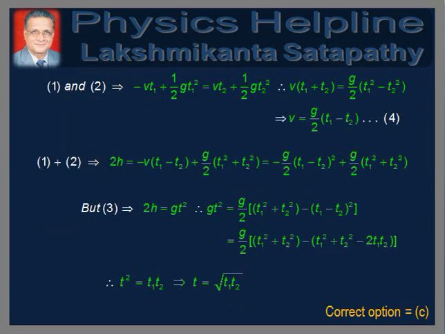From equations 1 and 2, we get minus vt1 plus half g t1 square is equal to vt2 plus half g t2 square, which gives v into t1 plus t2 is equal to g by 2 into t1 square minus t2 square, or v is equal to g by 2 into t1 minus t2.